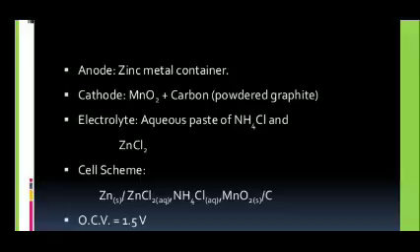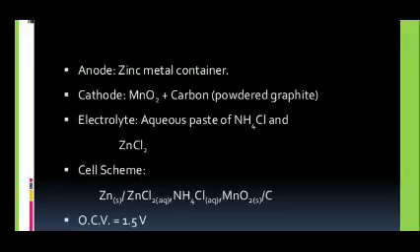The zinc container acts as the anode, it undergoes oxidation. At the cathode, manganese dioxide gains electrons to form dimanganese trioxide. This reaction is called a reduction reaction.